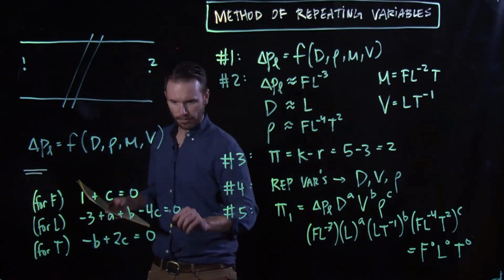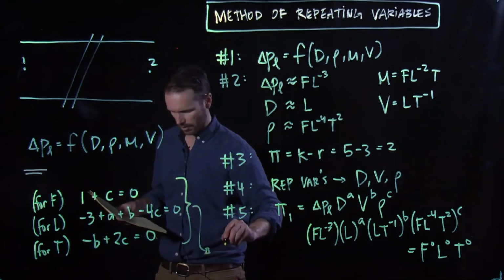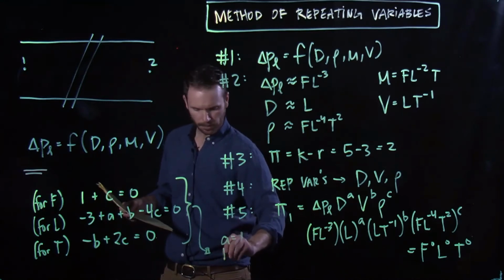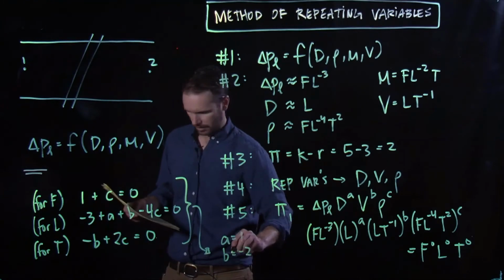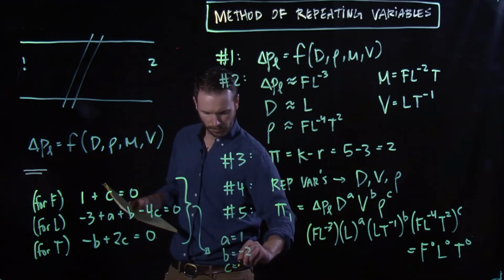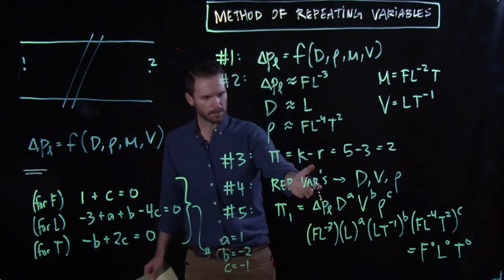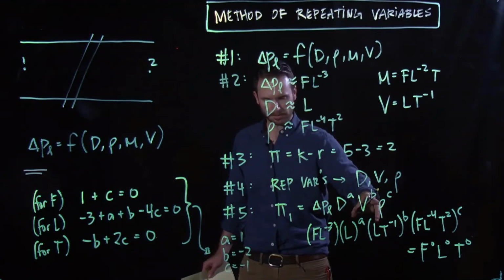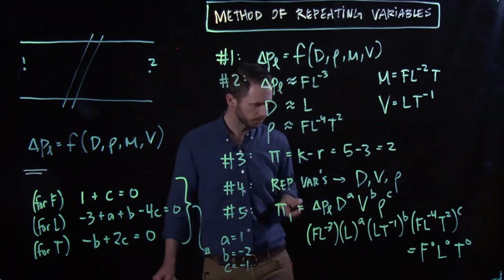So if I solve this system of 3 equations with 3 unknowns, it yields A is equal to 1, B is equal to -2, and C is equal to -1, right? And at this point, I have my first pi term. It's delta P, the pressure drop, times the diameter raised to 1, times the velocity raised to the -2, times the density raised to the -1. This gives me my first pi term.